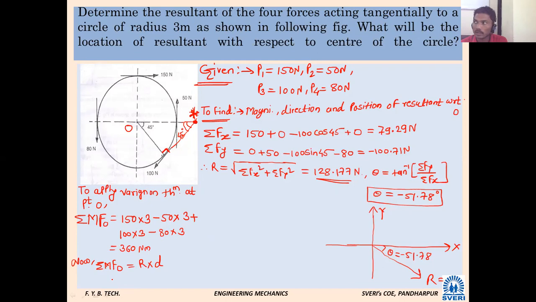Therefore, D is equal to 2.808 meter. So it will be the location.